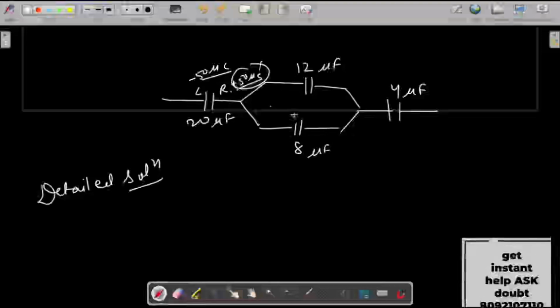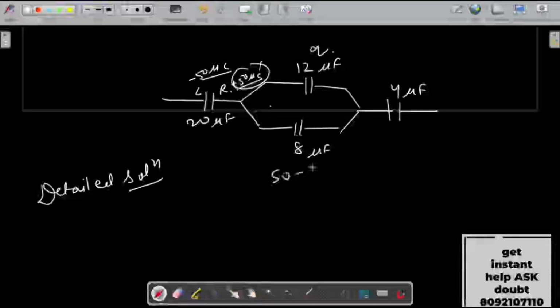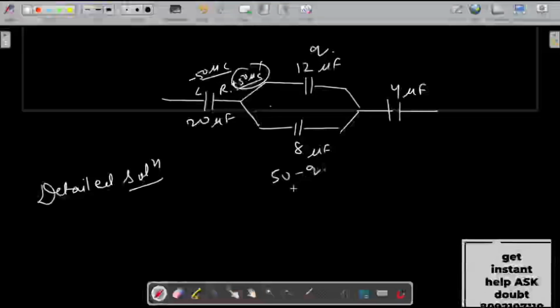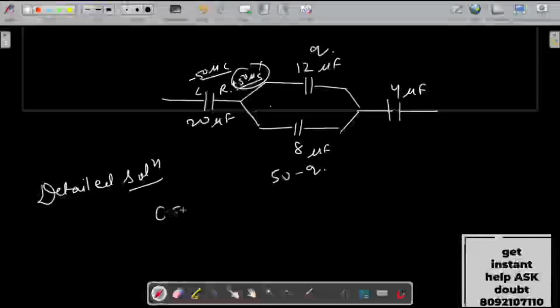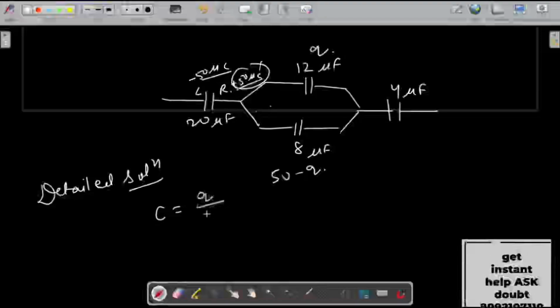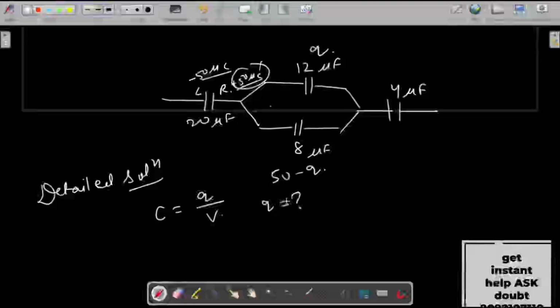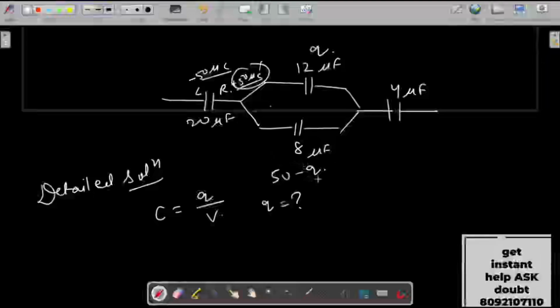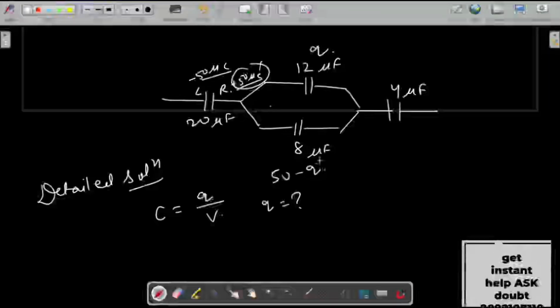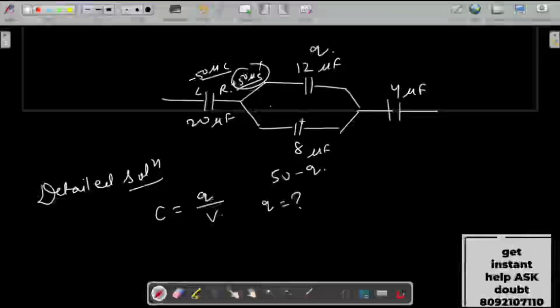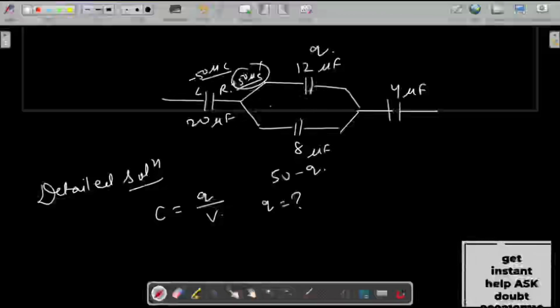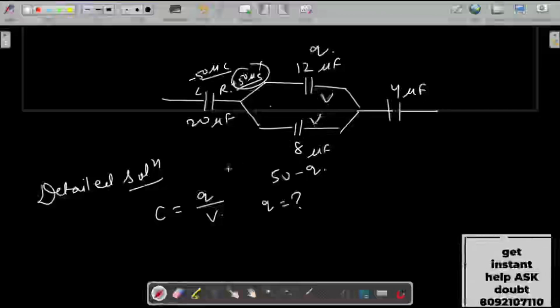Suppose there is a Q charge here, then 50 minus Q will be here, and by using the relation C is equal to Q upon V, we can calculate Q. Here we will have to use a property which says that parallelly combined capacitors have equal potential.